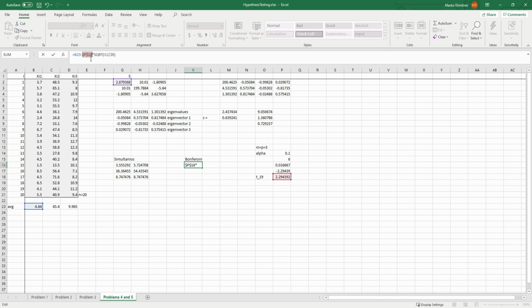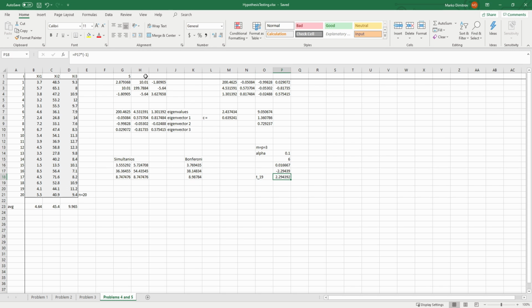Here what we have is our second one, and our s_22 and our s_33.